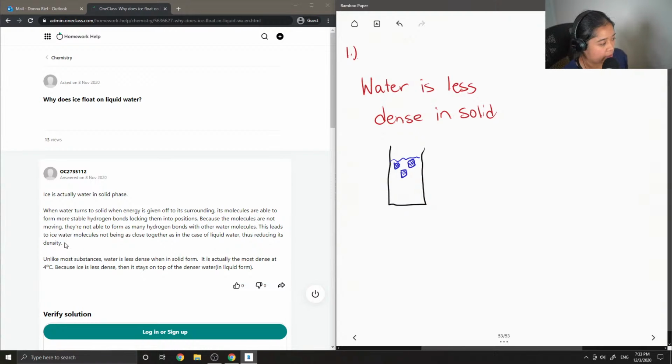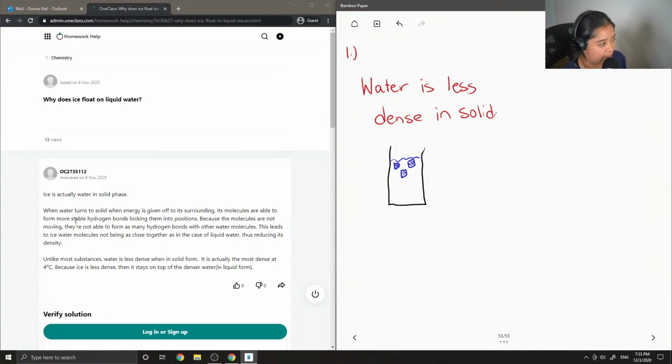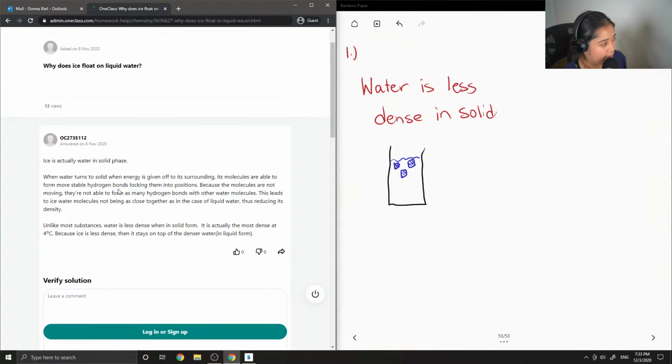So let's see what the junior tutor said. Ice is actually water in solid phase. When water turns to solid, energy is given off to its surroundings, and its molecules are able to form more stable hydrogen bonds, locking them into positions. Because the molecules are not moving, they're not able to form as many hydrogen bonds with other water molecules.